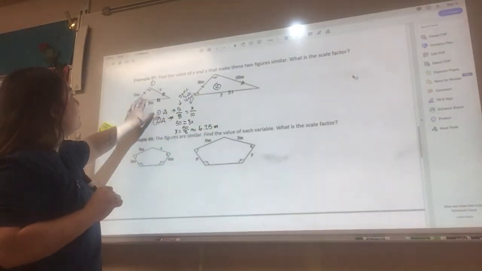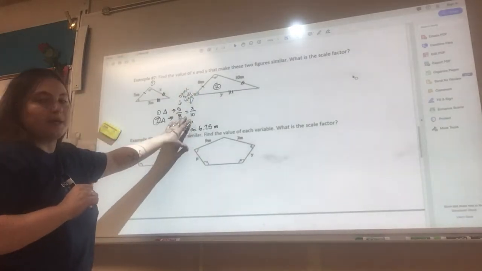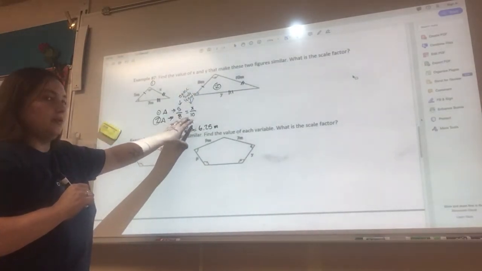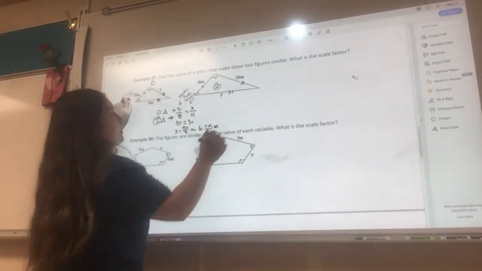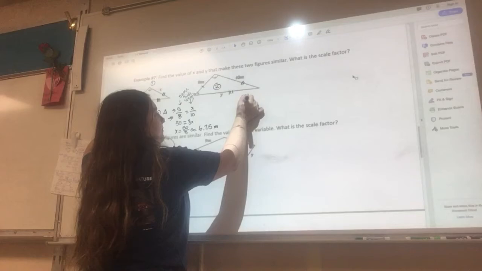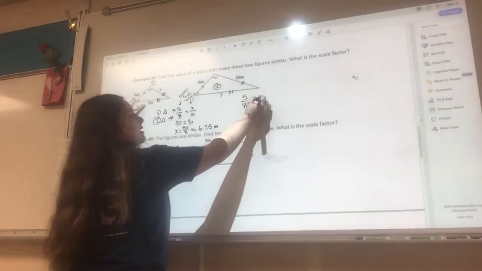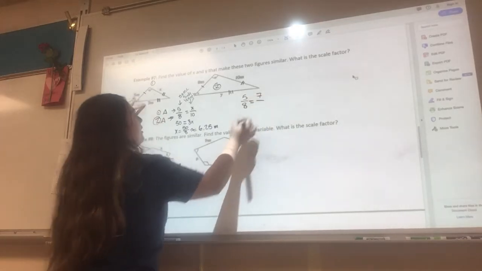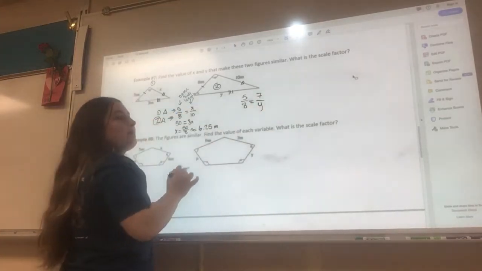So I'm still going to use 5 and 8 because it's what's given to us, just in case some mathematical problem goes wrong here and you don't get the right x, and it's easier to deal with than decimals. So I'm still going to use 5/8, and we're going to equal it to, since 5 and 7 are in the same triangle, 7/y. So now I can solve for y.